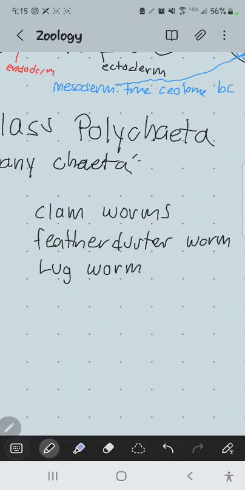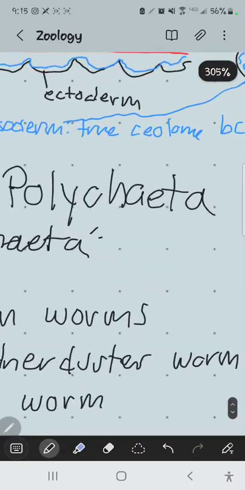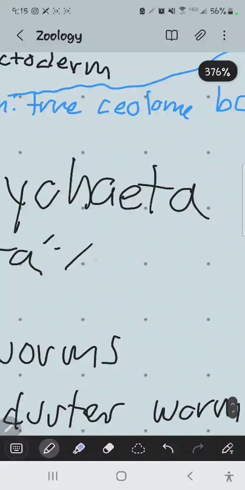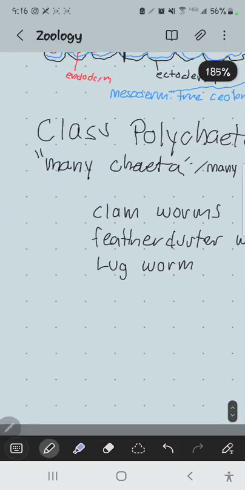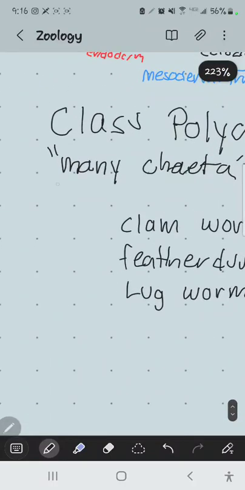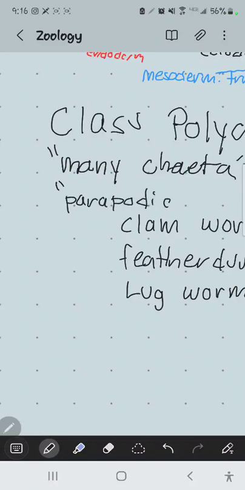But the main thing we're looking at with the polychaete is that their key features on their body are the parapodia, with many bristles.